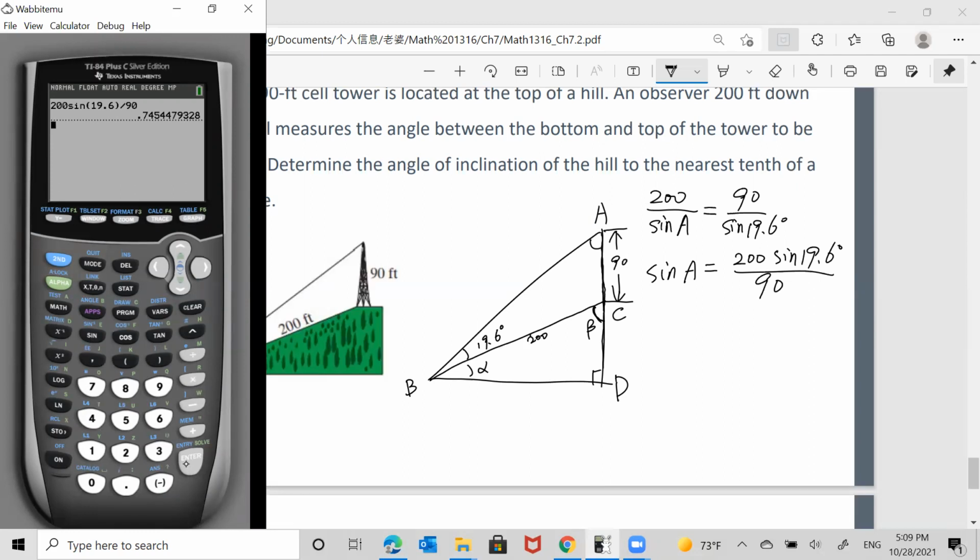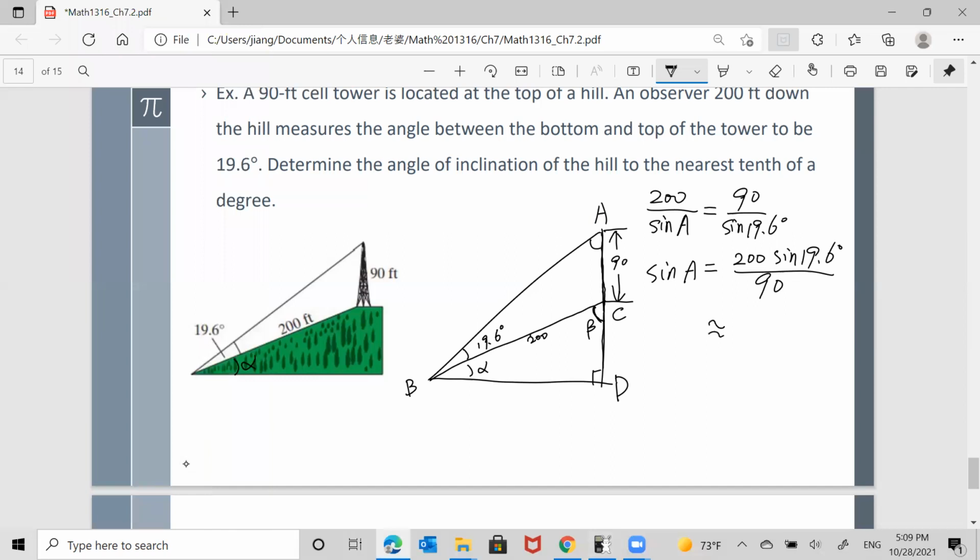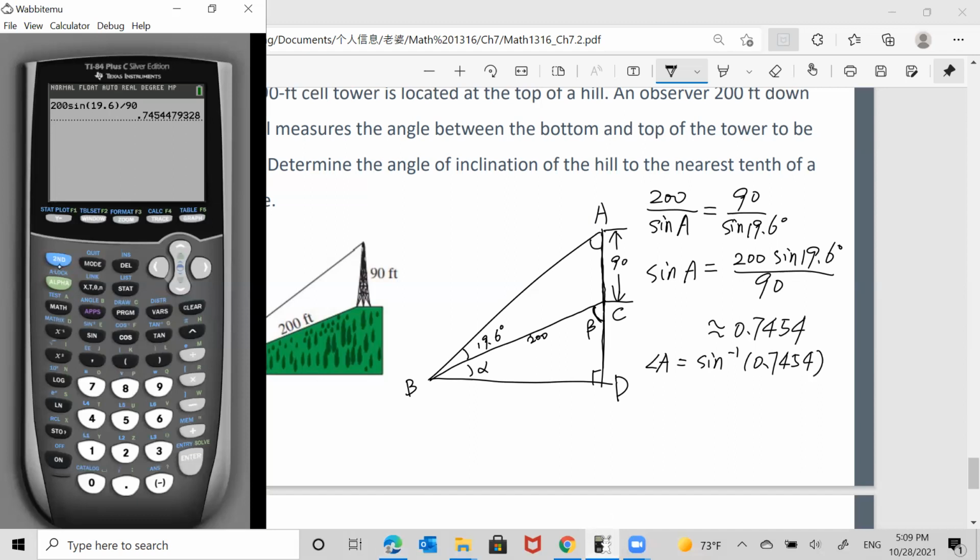I keep 4 decimals: 0.7454. Okay, what is the angle A? Angle A equals the inverse sine of 0.7454.